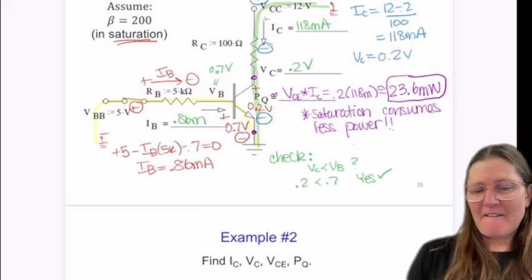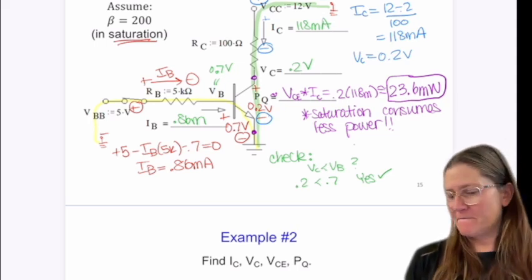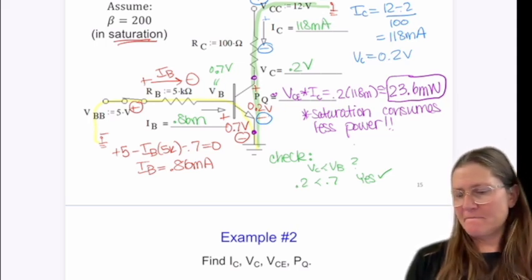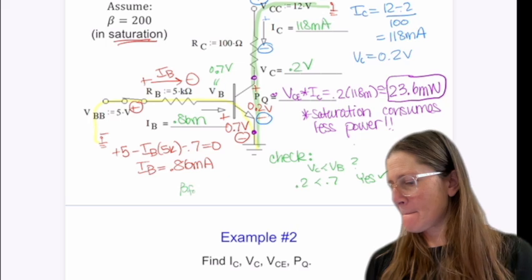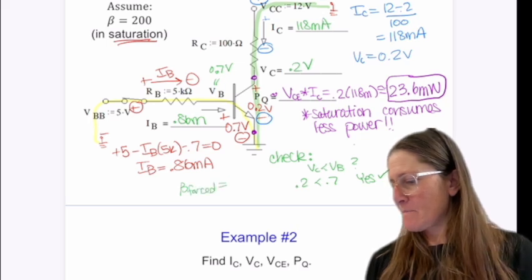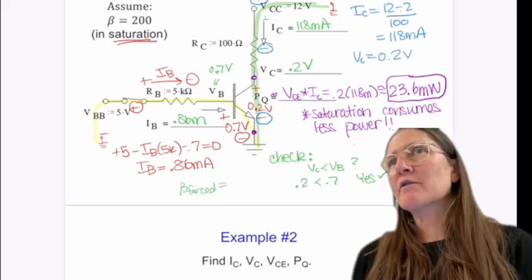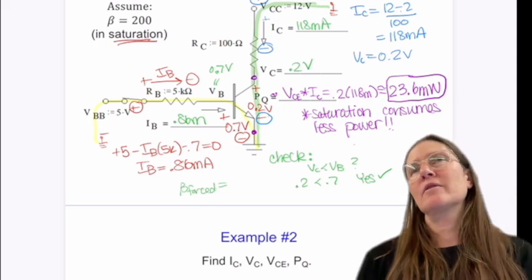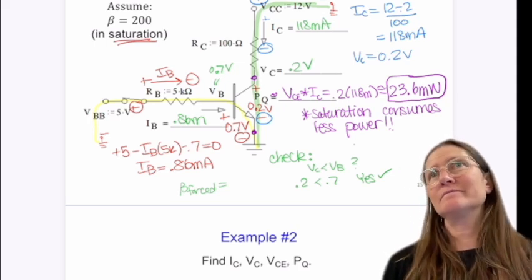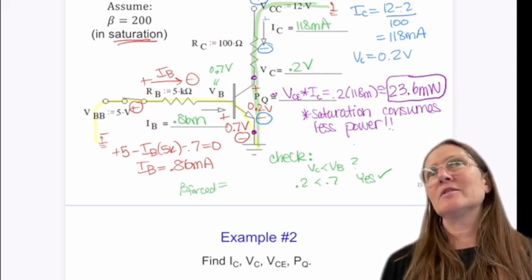So what does that mean? If there's more voltage going through the collector, at least assuming it's in saturation, does that mean more power is going to be consumed?